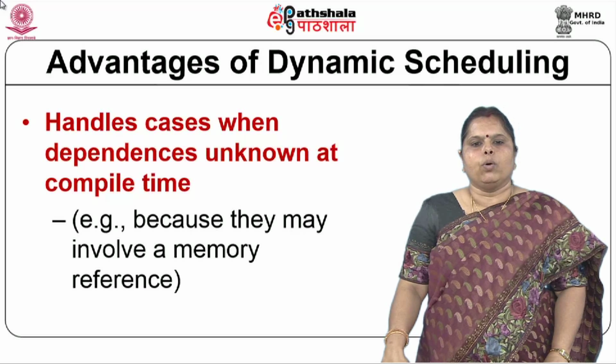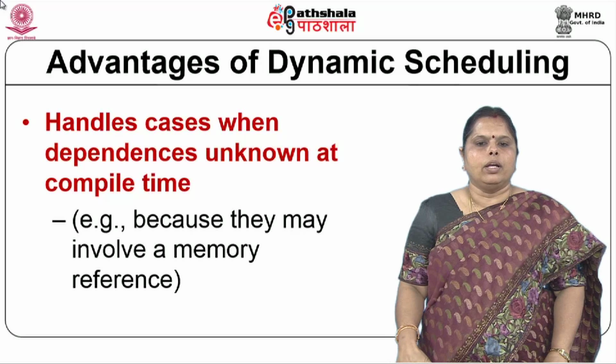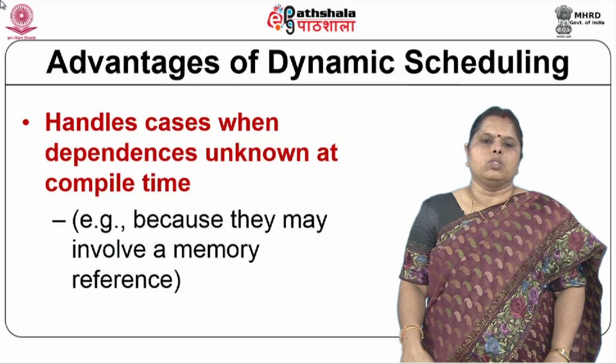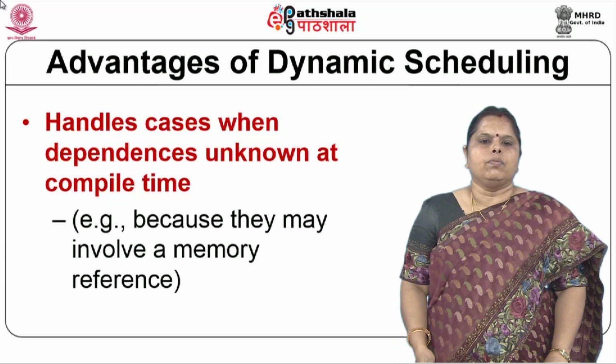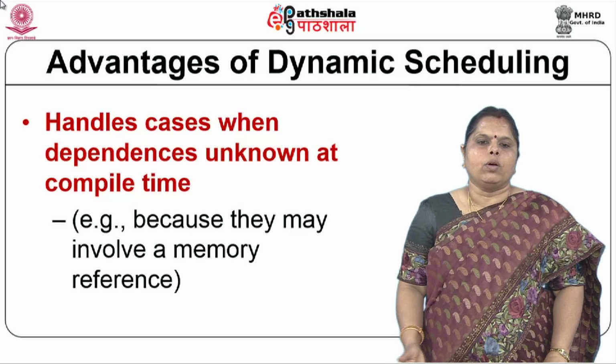For example, when you have a memory reference involved, the compiler may not be able to identify whether two memory locations will cause a problem. For example, if you have an address as 20(R2) and 45(R3), the compiler has no way of determining whether these two addresses will refer to the same memory location. That can be done only when the effective address is calculated.